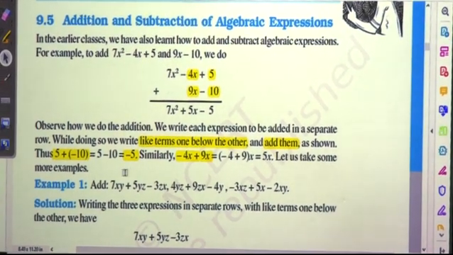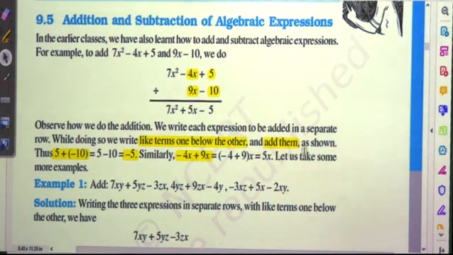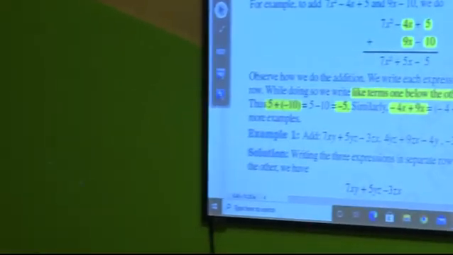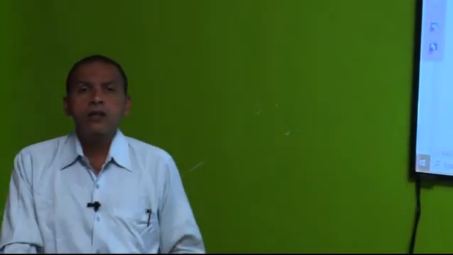Let us take some more examples. We shall study these examples in the next session. Today we shall conclude this session here, and in the next session we shall continue with the next part.